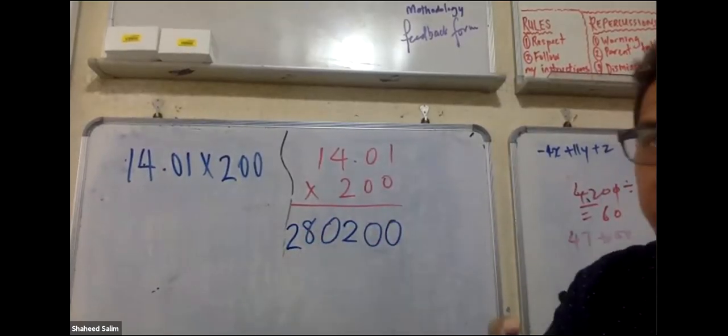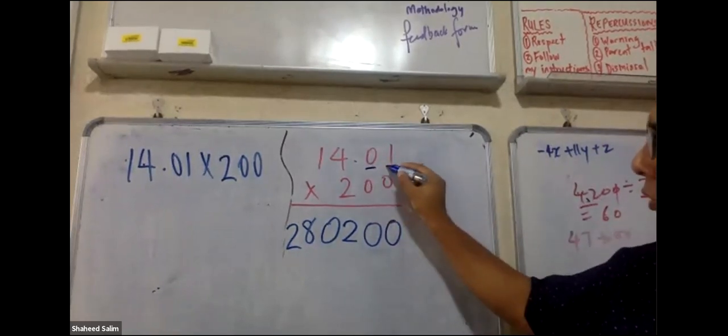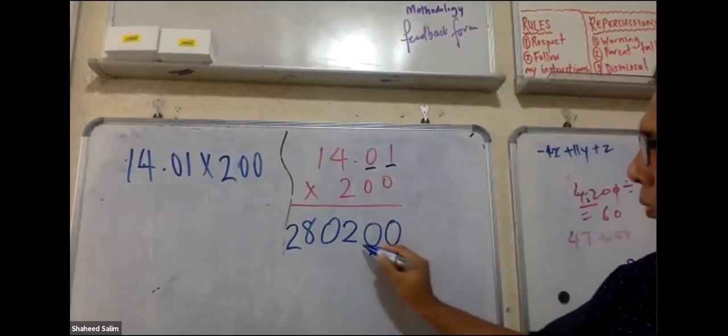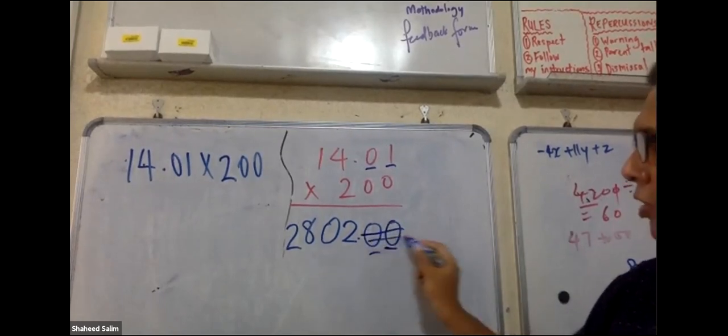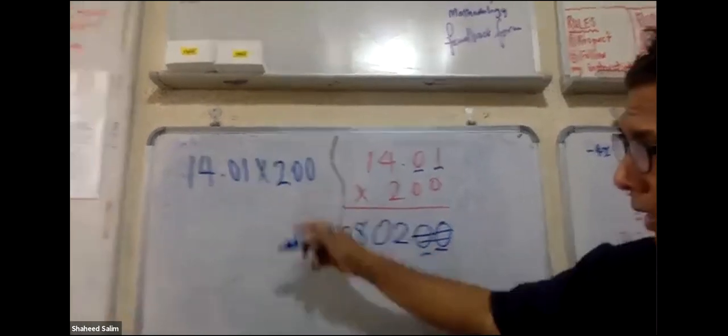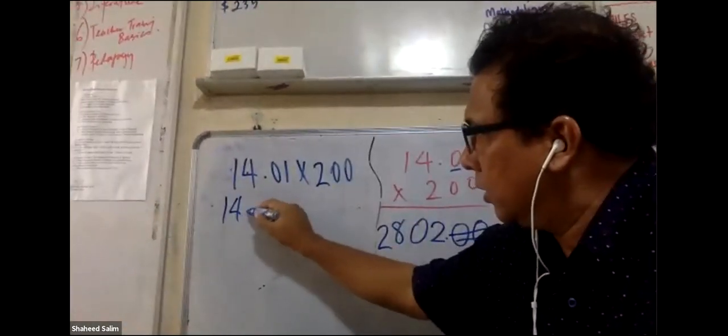Count the number of digits after the dot. 1, 2. Put a dot here. You can just remove it because it's 0. 2802. It's the same thing like this. So you do like that.